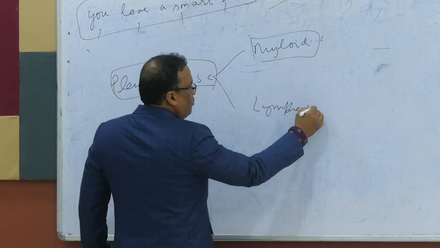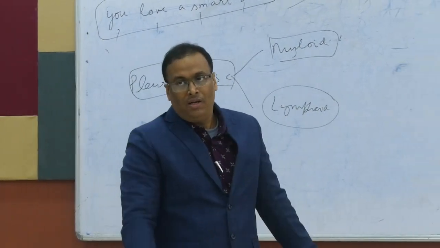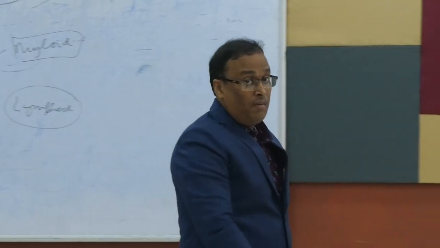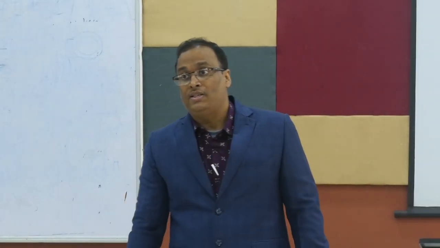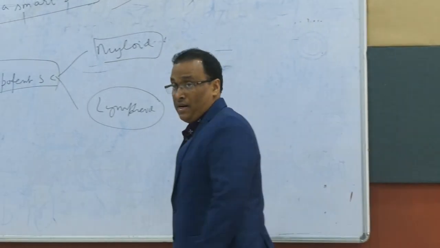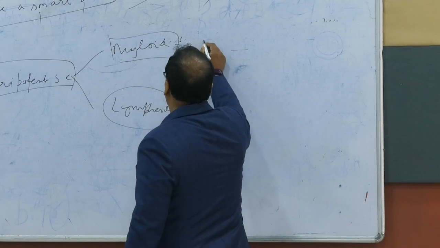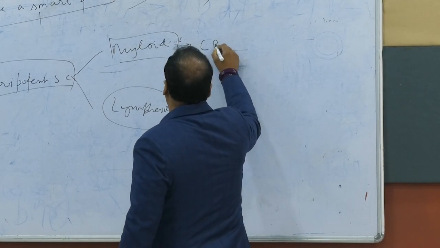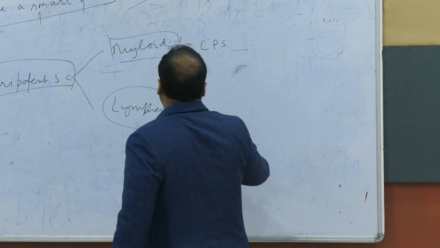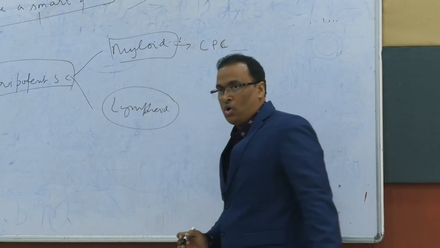The lymphoid series forms the lymphocytes, and the myeloid series is responsible mainly for three things: erythrocytes, leukocytes, and platelets. How? Because these are connected with a common progenitor cell, the common progenitor, CPC.